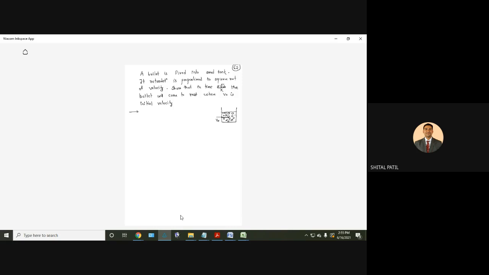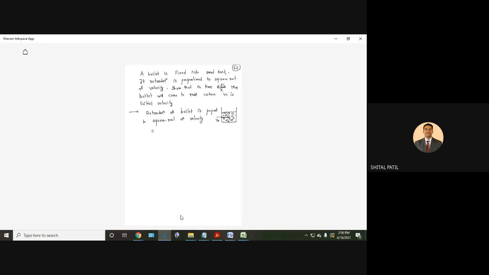Okay, so write down the force of retardation. Retardation of the bullet is proportional to the square root of velocity.